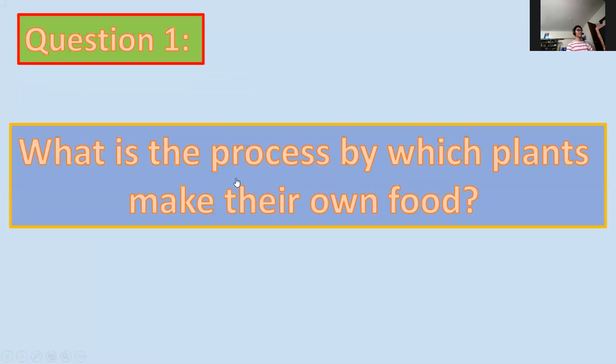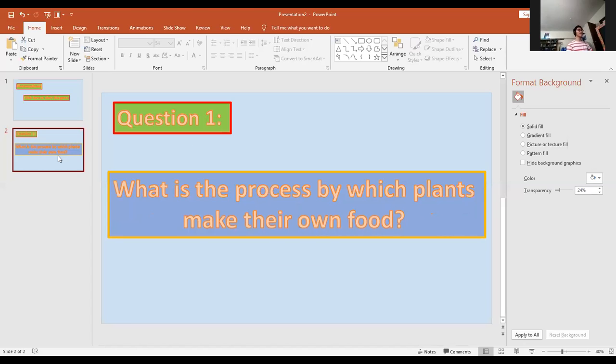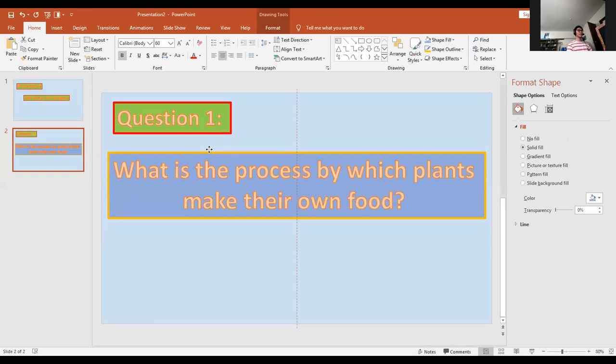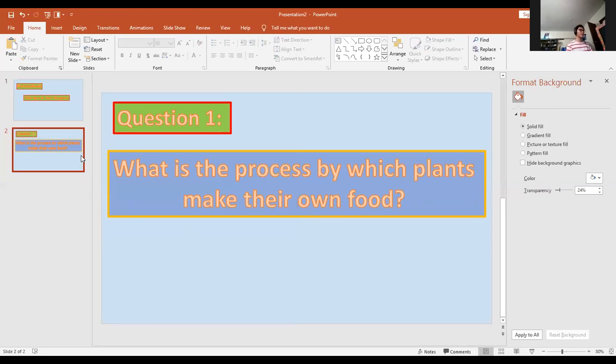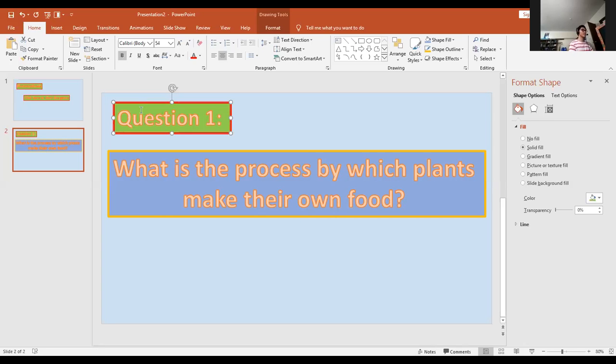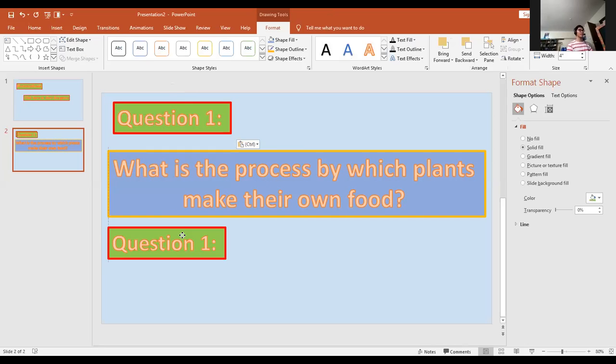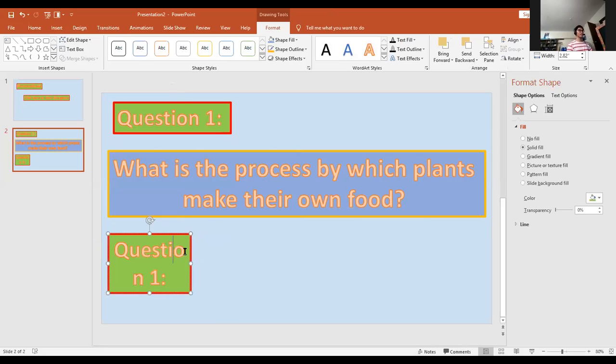Okay, now let's add some options, like, for example, you want this. Okay, you want some options. Let's say, for example, photosynthesis.